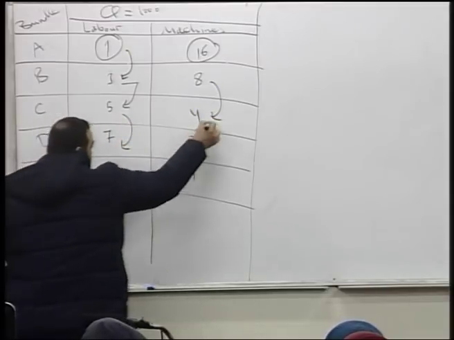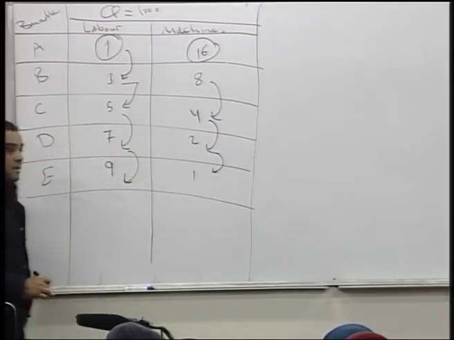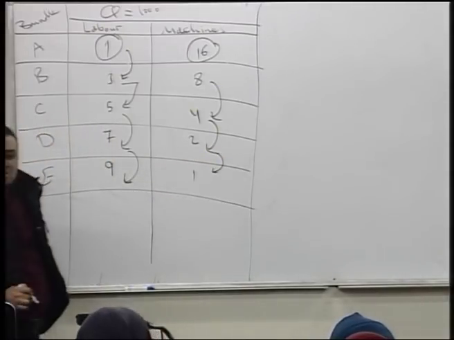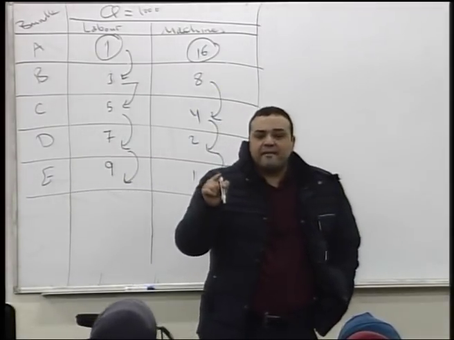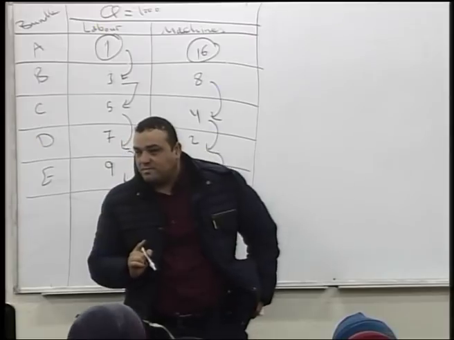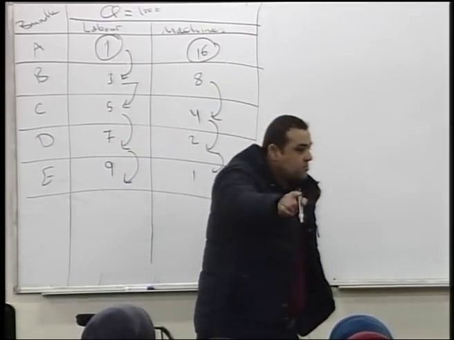Adding 2 more, giving up is 2, then 1. Here we have the marginal rate of substitution. It's called the marginal rate of technical substitution, which is quite similar to the marginal rate of substitution.